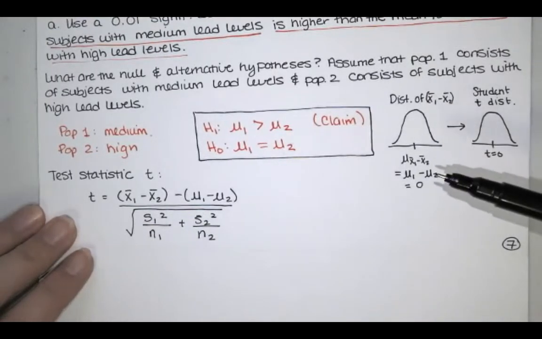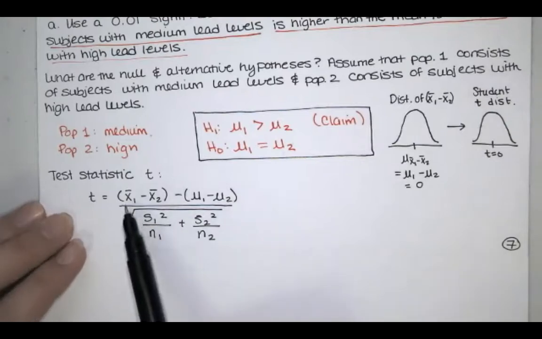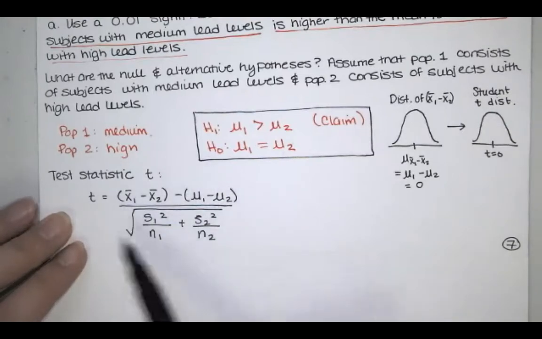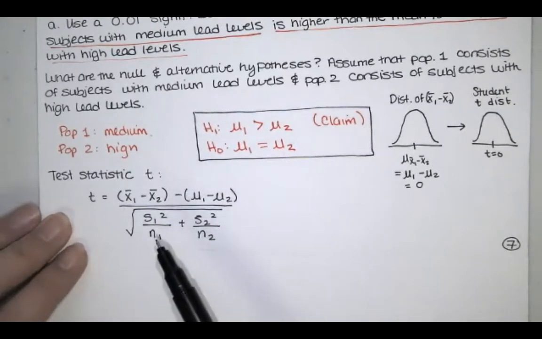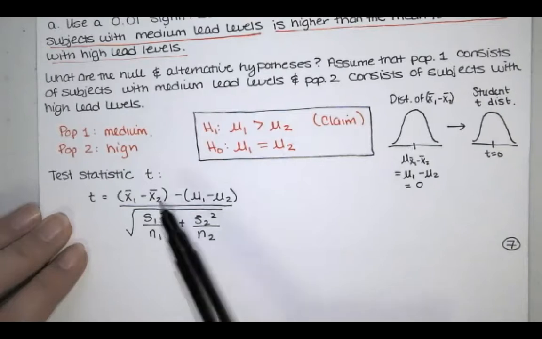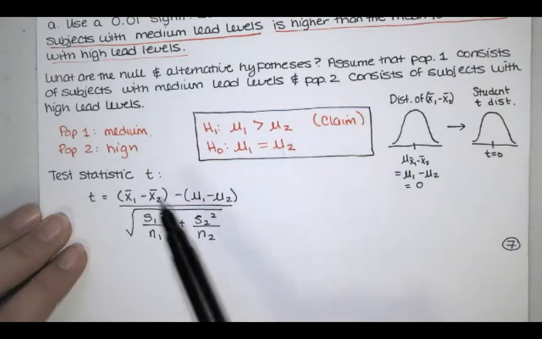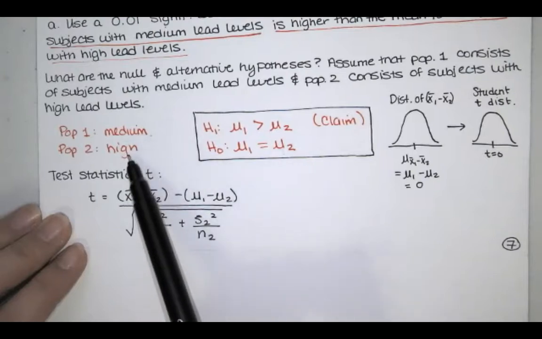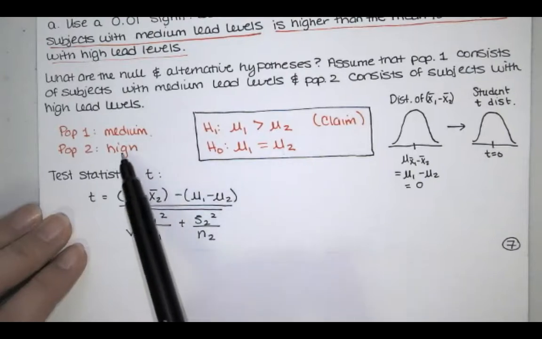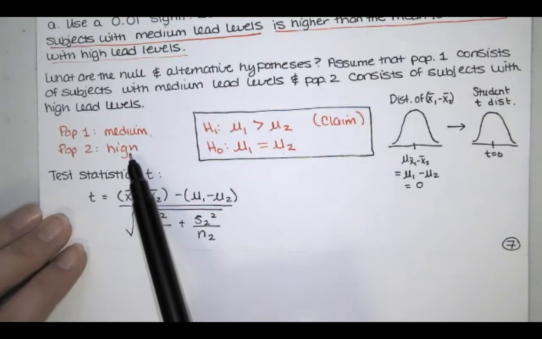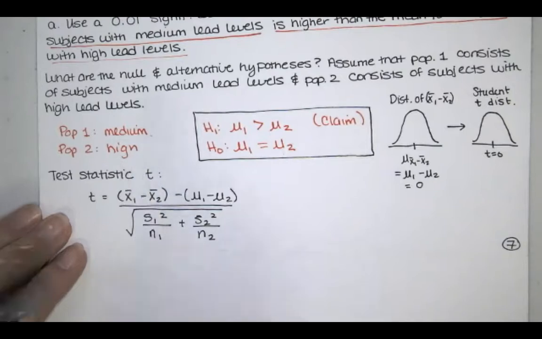Now, we don't actually have these guys yet. So in order to use this formula, we're going to have to compute them. I believe x sub 2 bar and s sub 2 and n sub 2 were given to us. Those were the summary statistics from that group of IQ scores that we have for subjects with high lead levels in their blood.